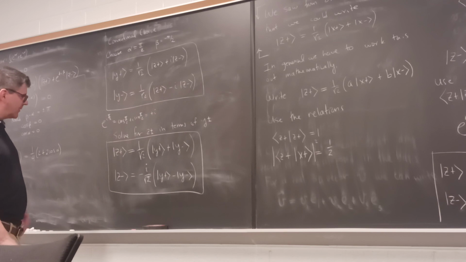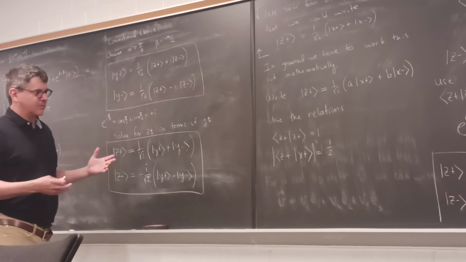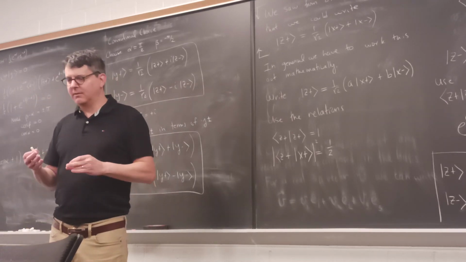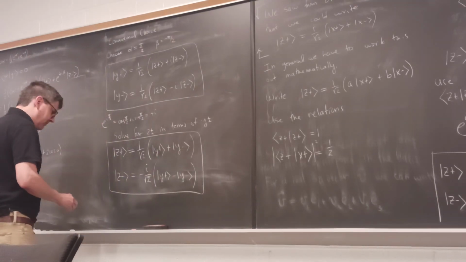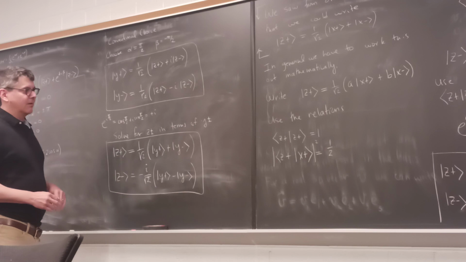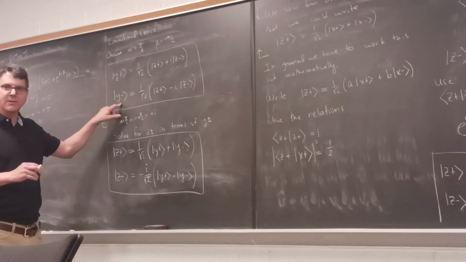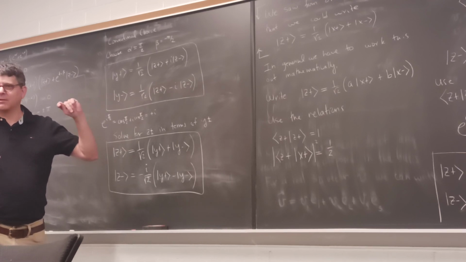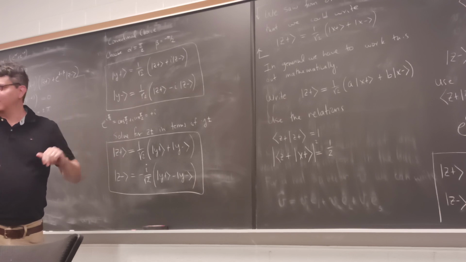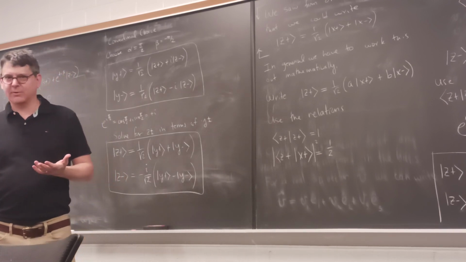Okay, so now we have a way to describe the spin 1/2 particles in these different basis states. But I want you to erase any idea in your head that these basis states point along the axis directions in 3 space. These are not directions in 3-dimensional space. These are abstract state vectors in the Hilbert space.